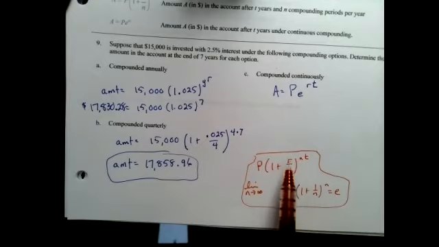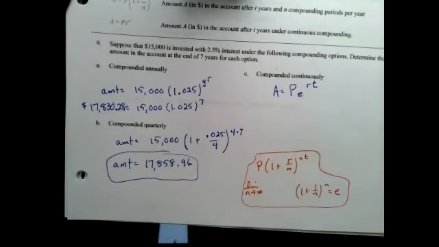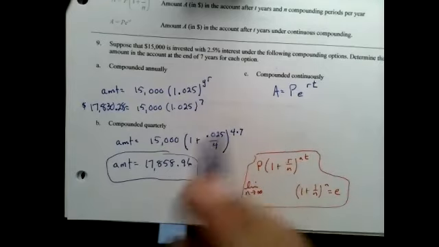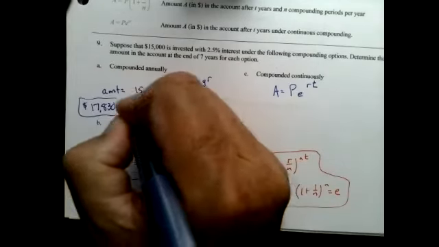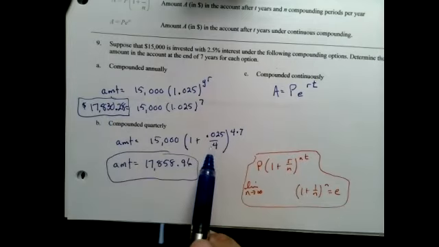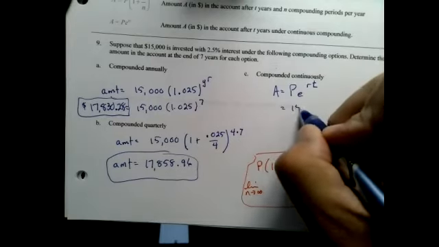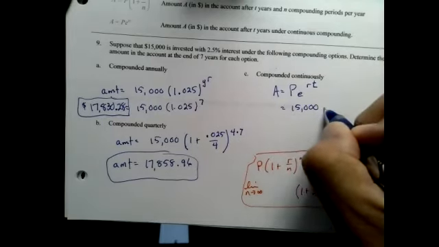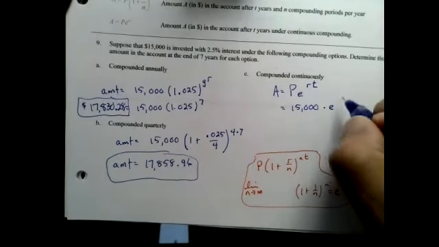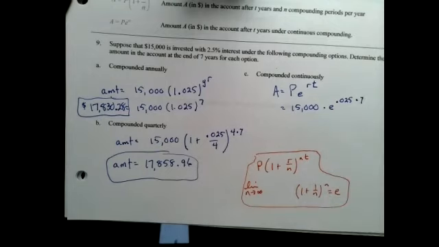And we do a little bit of work here, and we end up with Pert. In the old days, people knew it because it was a shampoo. So if this is compounded continuously, that's yearly, and that was good. This is quarterly, that was good, better. Now I'm going to have 15,000 times e raised to the 0.025 times 7 power.